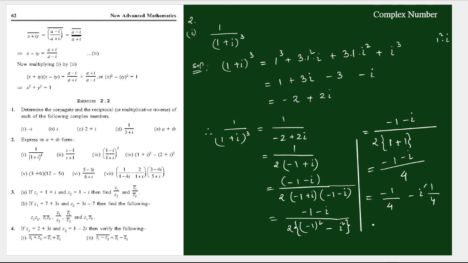So in the a plus ib form, we can write in this way: minus 1 by 4 plus i into minus 1 by 4, which is in the form of a plus ib. Okay, this is your number 1.